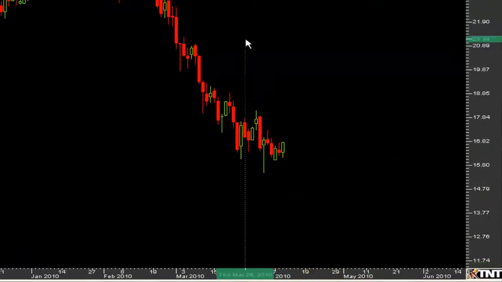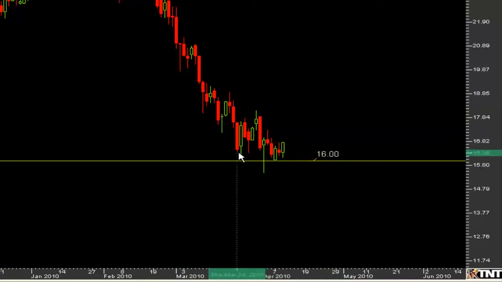You say, look at all this support that the market's given us the last little while, and remember support is our red-green bar combination. So we have support here, more support here, more support here, and then to finish the week we have support as well. So it looks like we've got a lot of support at or near 16 even.